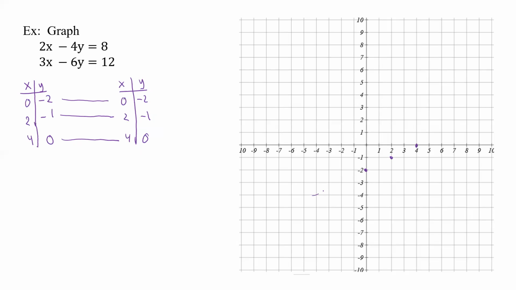Okay, and so our line does something like that. And then we plot those same points again, and we have that. And so what we get is infinitely many solutions. Okay, and so that would be our answer to this one.